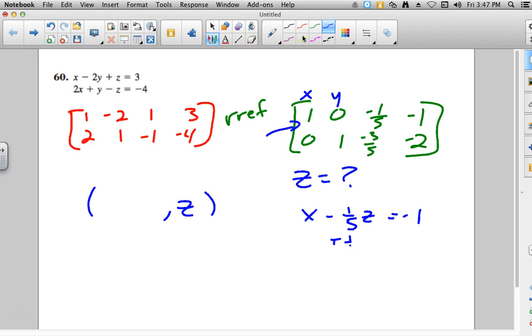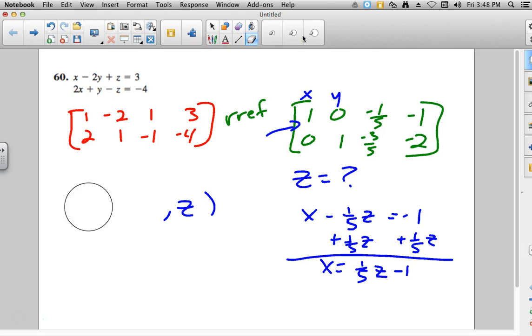So with this one, we would add 1/5 Z to both sides, and we would have X equals 1/5 Z minus 1. So now, once we know what Z is, we can not only find that third coordinate, but we can also figure out what the first one is.